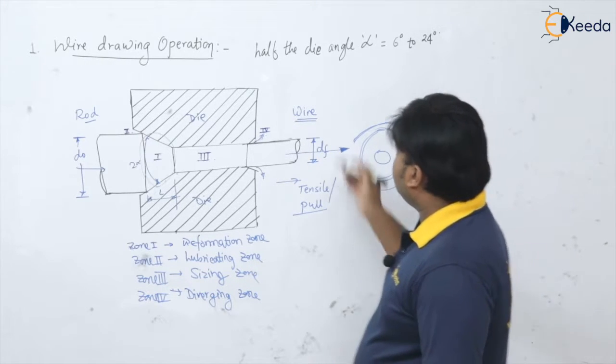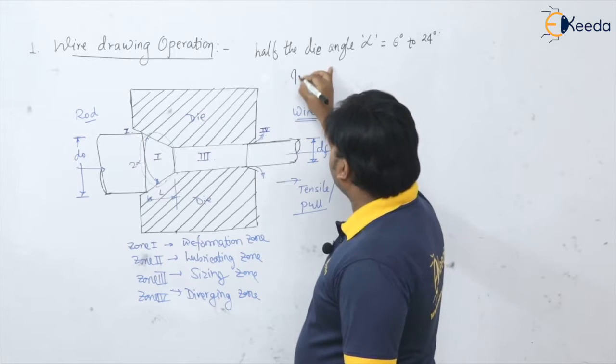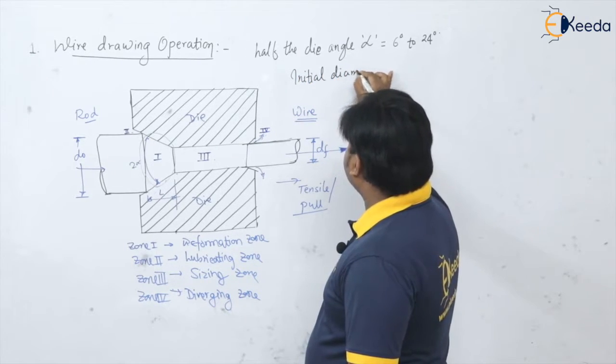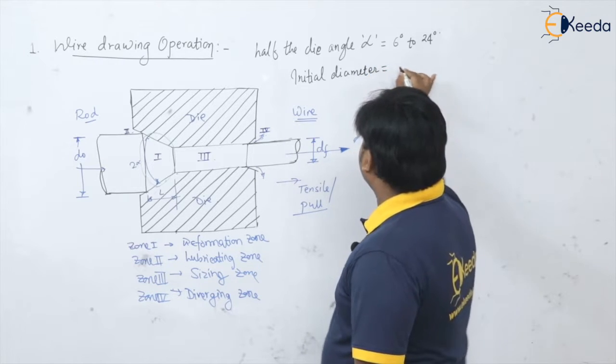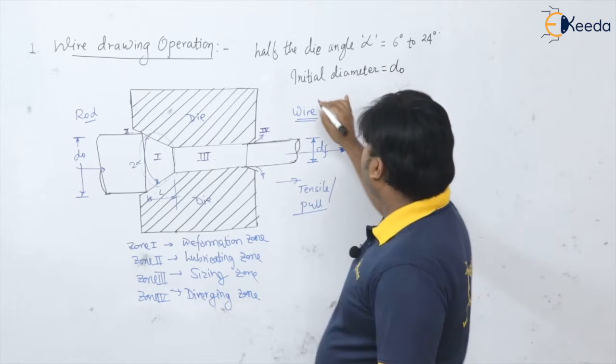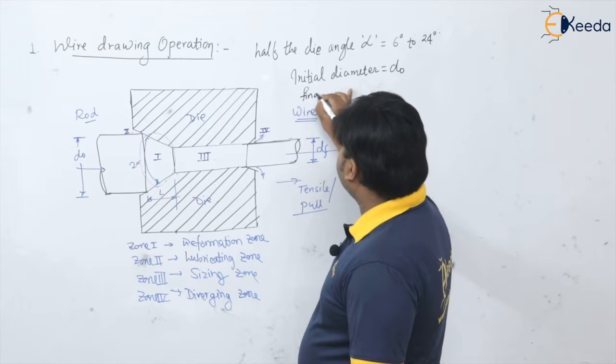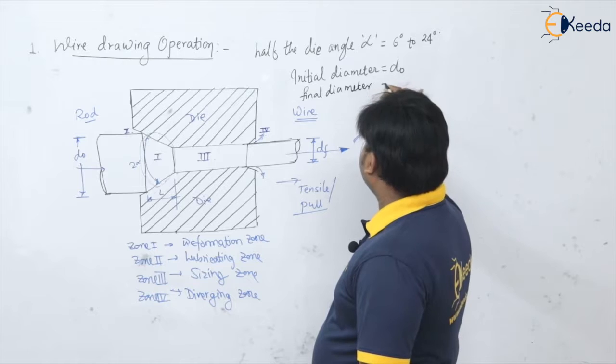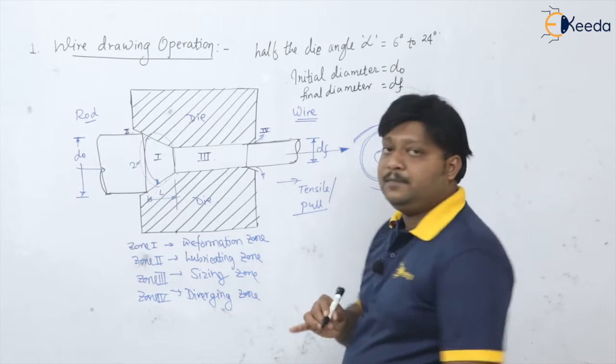Now see here, the initial diameter is what? The initial diameter is D0, that is the diameter of the rod, and the final diameter is D final.